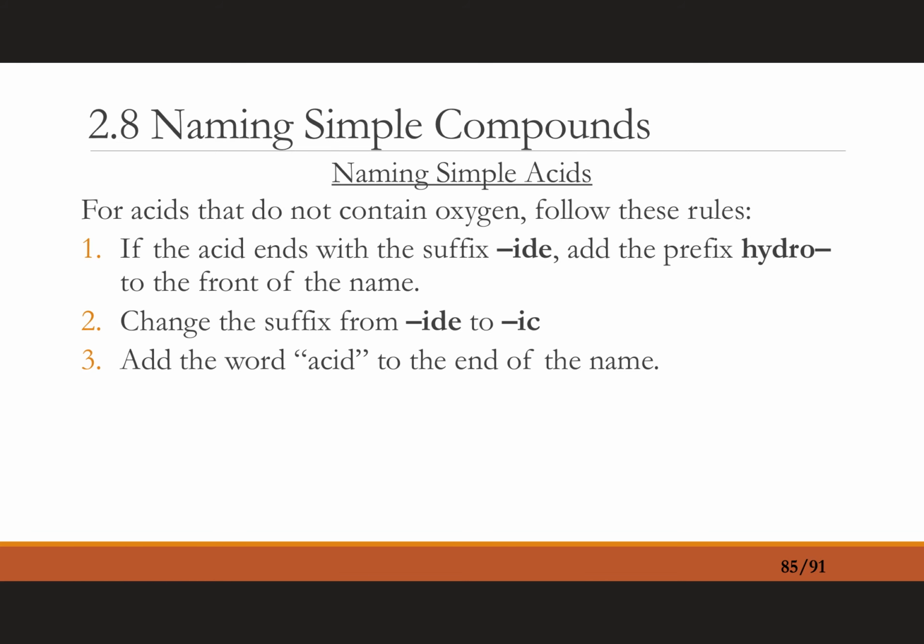For acids that do not contain oxygen, follow these rules. If the acid ends with the suffix "ide," add the prefix hydro to the front of the name. Change the suffix from "ide" to "ic," and then add the word acid at the end of the name. So again, this was hydrochloride. It comes from the chloride, so it becomes hydrochloric acid.